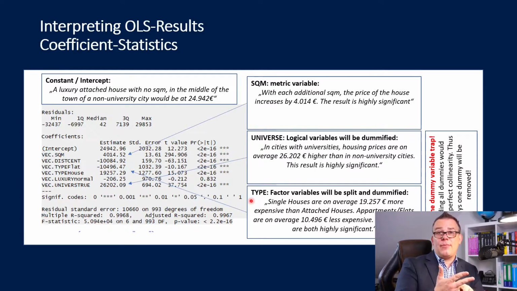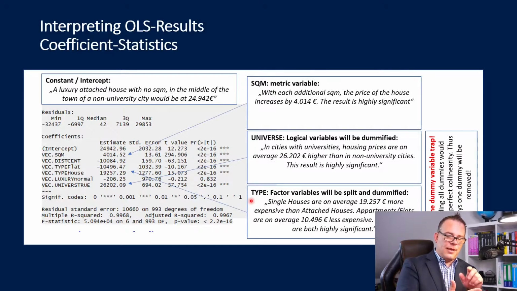All 3 have been dummified. So if we have a single house, the house dummy would be 1. All others would be 0. If we have an attached house, the attached dummy would be 1, all others would be 0. And if we have an apartment or a flat, the flat variable would be 1, all others would be 0.